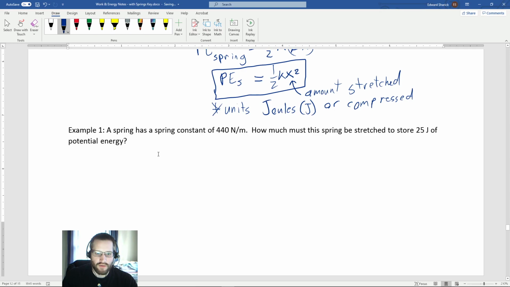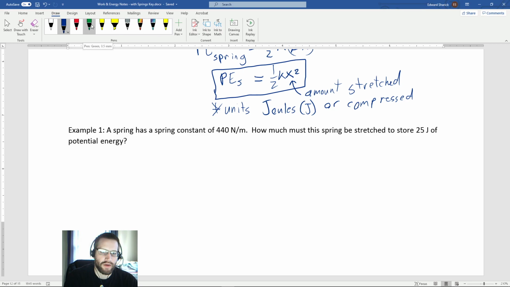All right, so here we have a spring with a spring constant of 440 newtons per meter. How much must this spring be stretched to store 25 joules of potential energy? So we want to spring load a spring so that it has enough energy to maybe push some object or apply a force to some object later on.